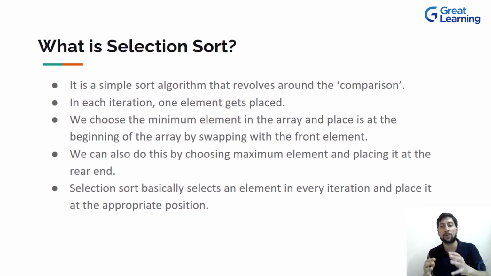Similarly, we are going to do this for all the rest of the elements. Selection sort is basically selecting an element, the minimum element, in each iteration and placing it at the appropriate position. That is the basic logic behind selection sort.